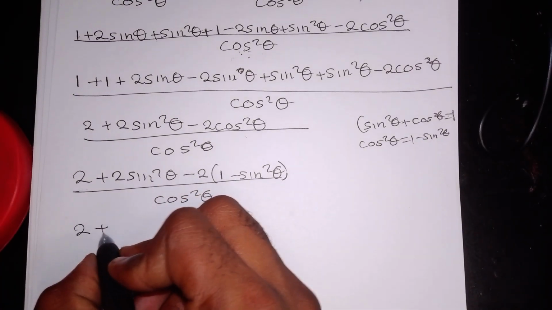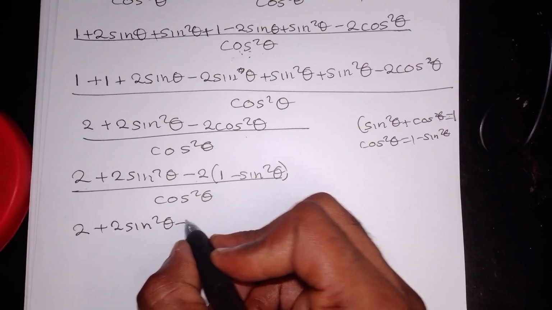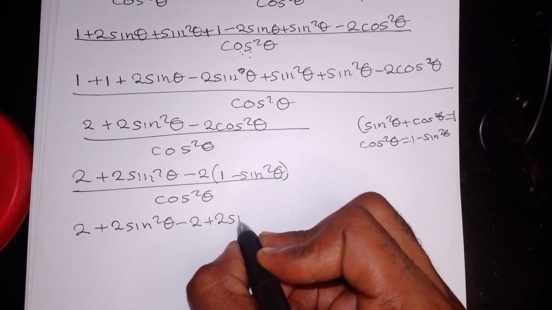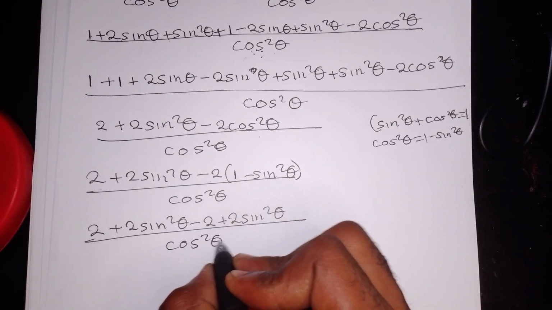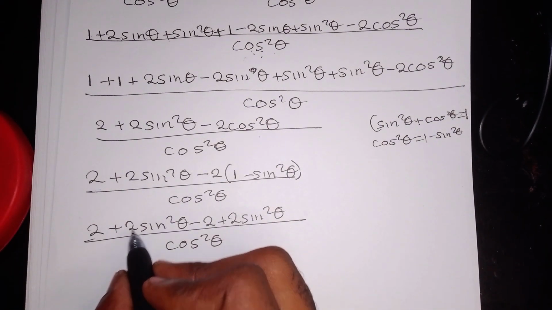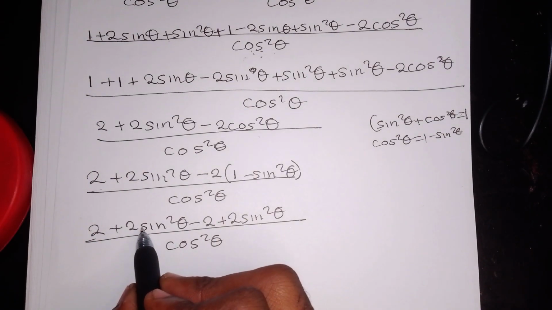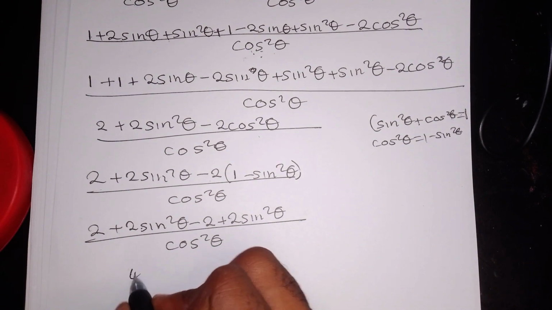Then you have 2 plus 2 sine theta. You expand, you have that. You expand, you have 2 sine squared theta, everything over cos squared theta. And then we have the 2 minus 2, that's a 0. And then we have 2 sine squared theta plus 2 sine squared theta.